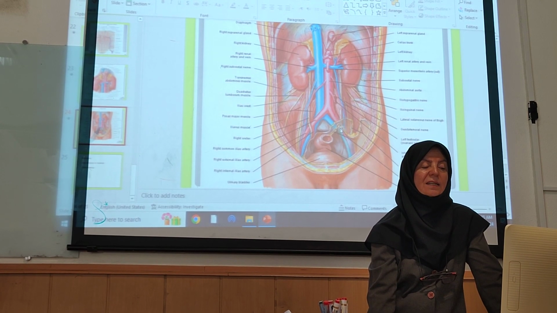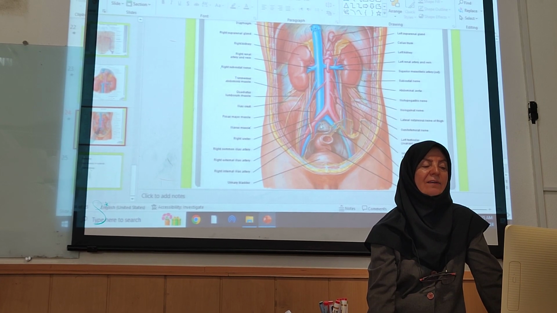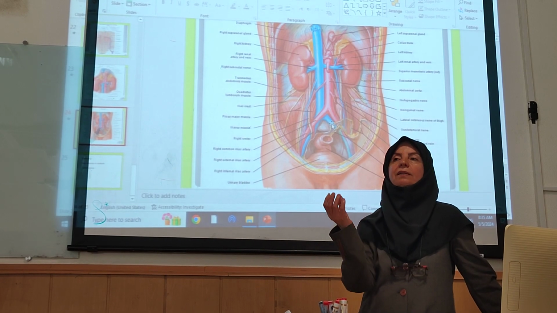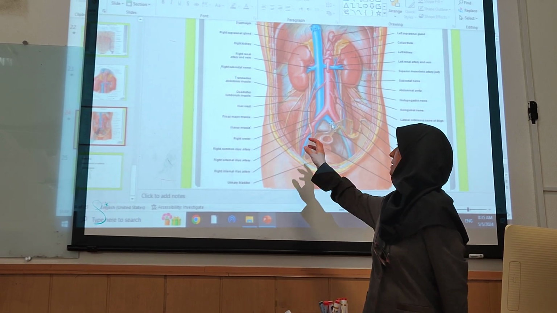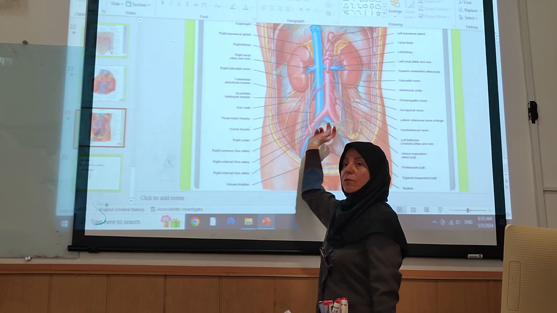It is the second area inside of the lumen in both ureters where the lumen gets narrow. Where is this? It is the common iliac artery.